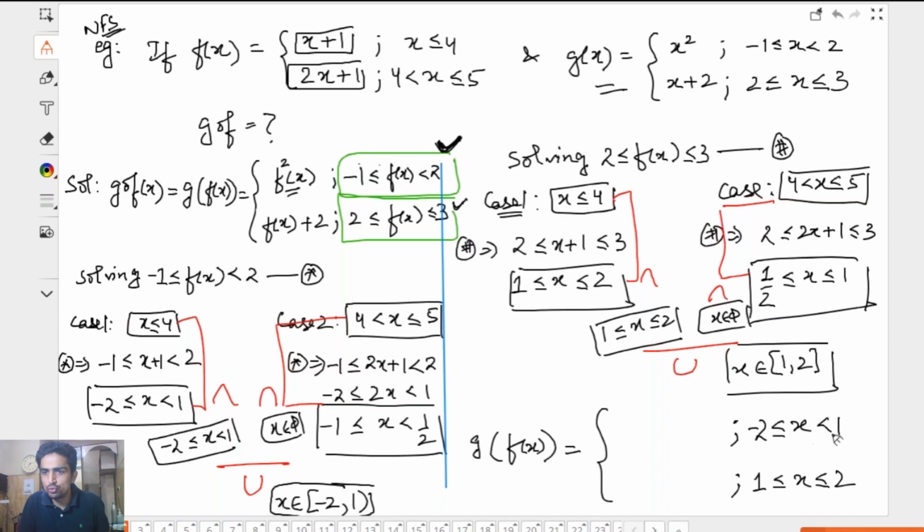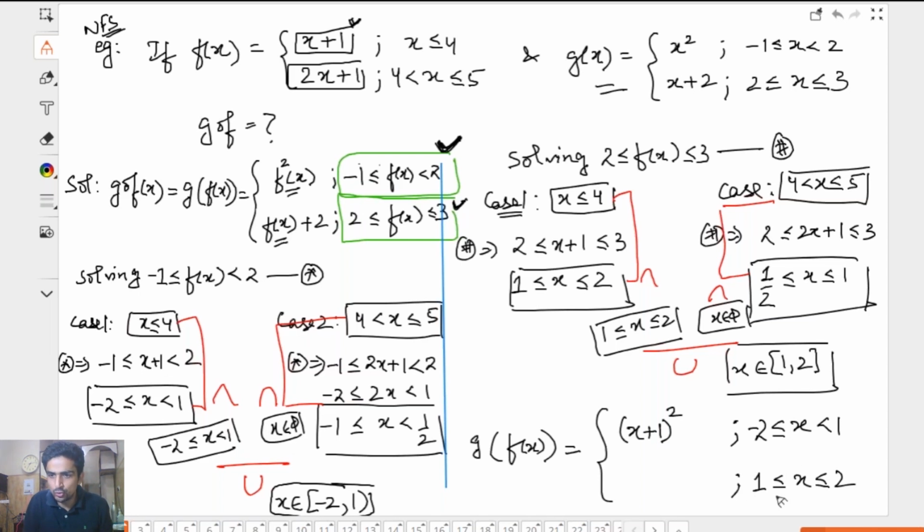So for -2 to 1, what is my f? It is x plus 1. Anything less than 4, f is x plus 1. So I'll keep x plus 1 in the place of f(x). Now, corresponding to this x, I need to keep the value of f here.